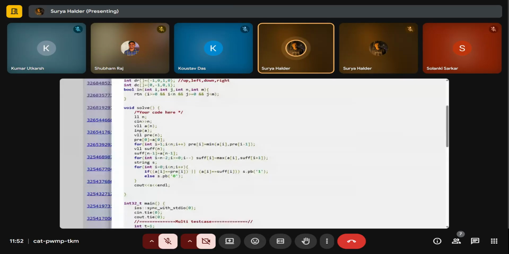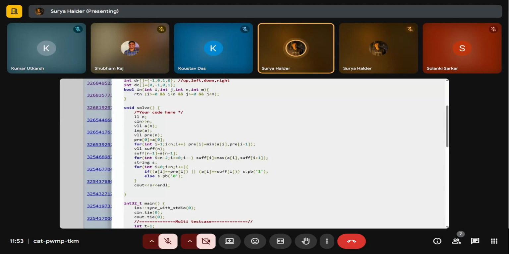So then your time complexity will be big O of n square. So you will get TLE. So you have to somehow do the operation in such a way that this minimum and maximum operation is done in big O of 1.